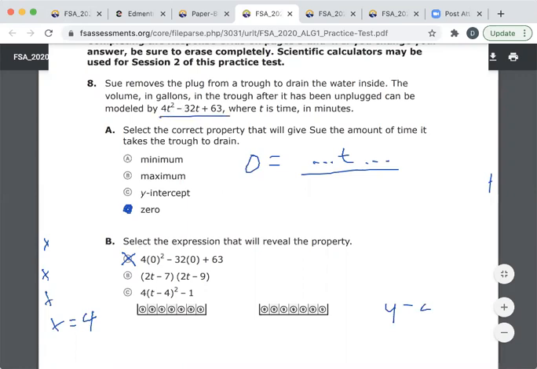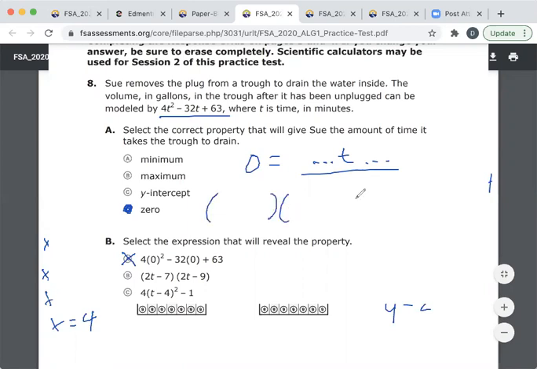But I'm going to actually show you how to factor it, just so you know. Because there's a 4 in front of the first term, 4t squared, we will have to try two different ways.